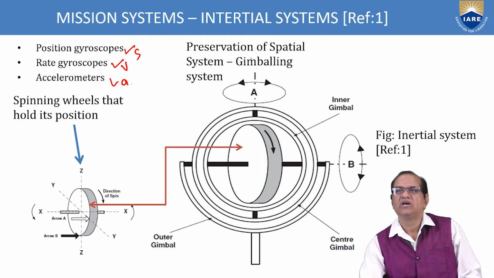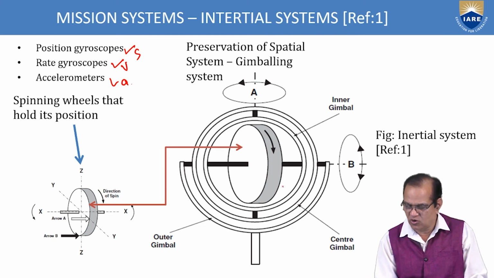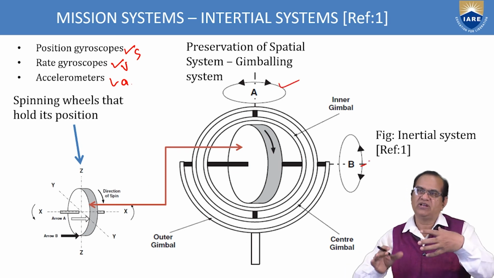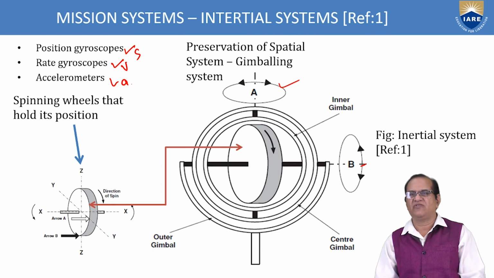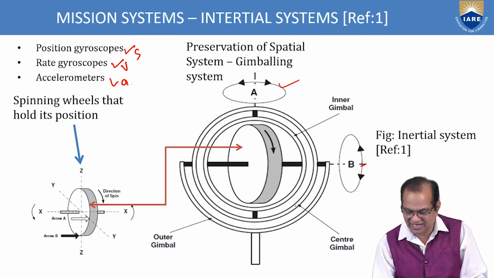So now how it is working: this is a gyroscope inertial system. In all the X, Y and Z axes, they are free to move in all 6 degrees of freedom. Here we have the outer gimbal, the center, and the inner, so 1, 2 and 3.